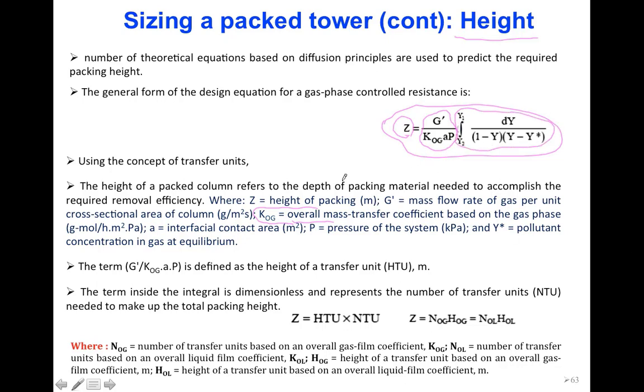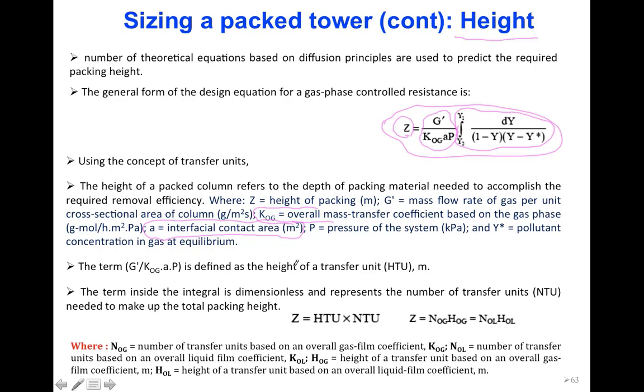The first part is G prime over KOG a P. G prime is the mass flow rate per cross-sectional area. KOG is the overall mass transfer coefficient. a is the interfacial contact area, meaning the contact area of the packing per volume of the packing, and P is the operating pressure.